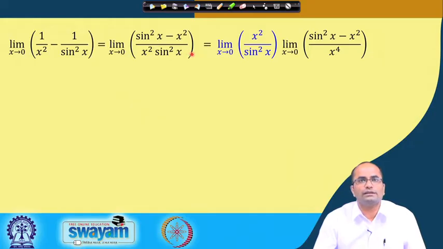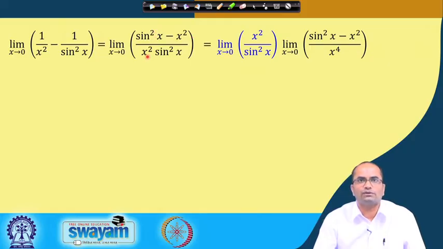So, moving further, before applying the L'Hopital rule, we just rewrite this expression in this form. We take 1 by x square there and divide by 1 by x square here. So, this x square and sin square term together, and then the rest here sin square x minus x square.